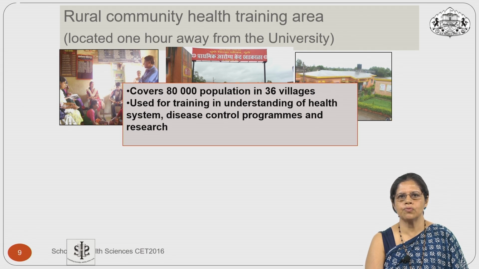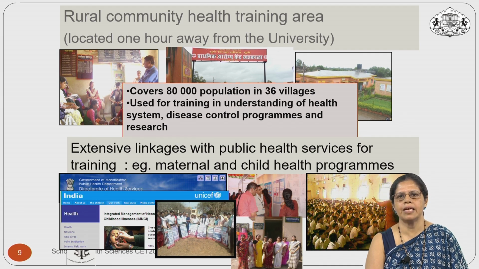And what we do is we use this situation for in-field actual and real training so that students can understand the health system, disease control programs. We are also extensively helped by the public health services, and many of their officers come in and help in the teaching program.